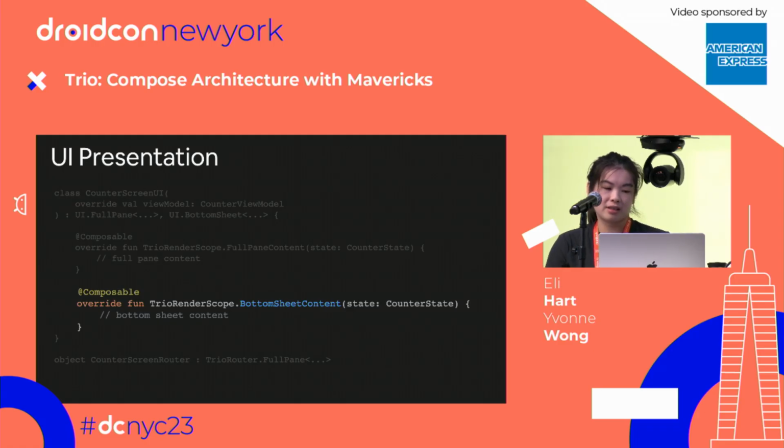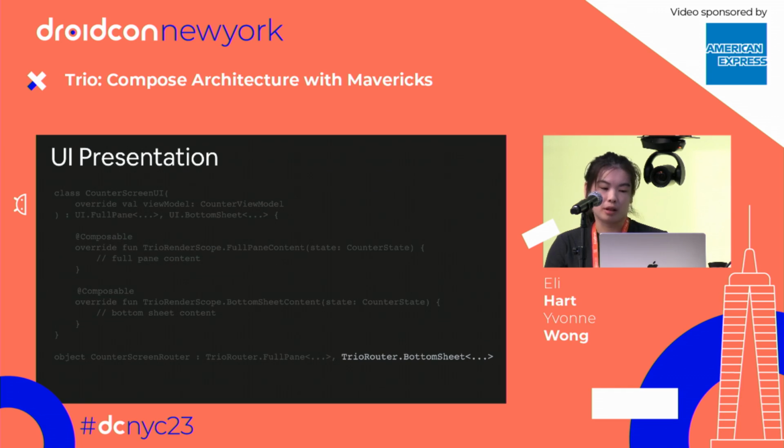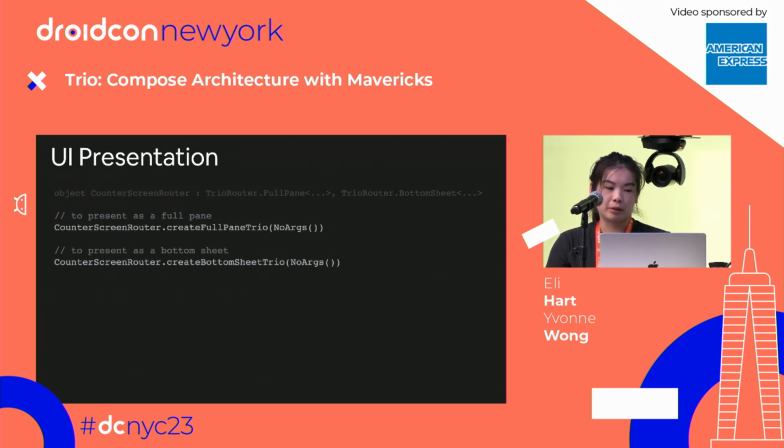The two content functions can share composables while also allowing customization specific to each UI presentation type. Similarly, we add the bottom sheet router type interface to this router. The router interfaces make clear which presentation types are supported and add explicit functions that callers use to create a trio.